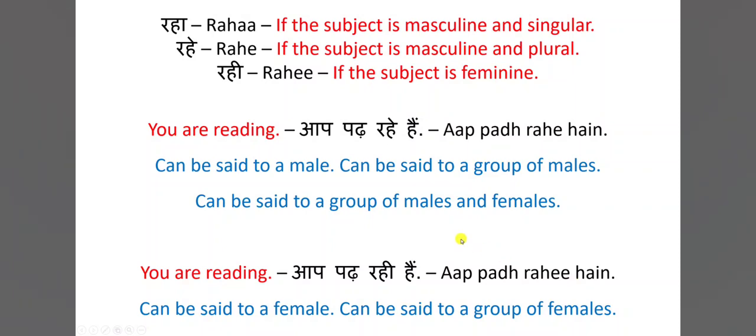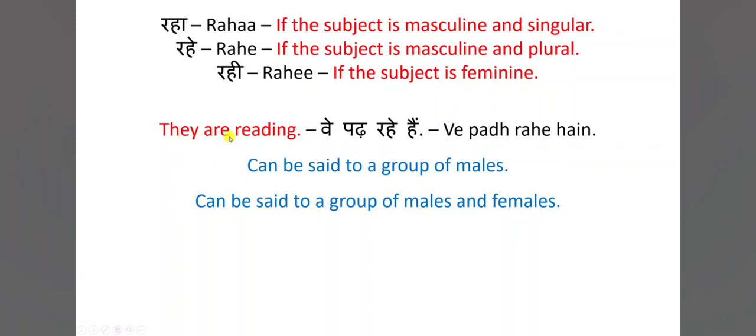Okay. Next, they are reading. वे पढ़ रहे हैं. वे पढ़ रहे हैं. वे is they, पढ़ रहे is reading, हैं is are. This sentence can be said to a group of males and mixed genders.